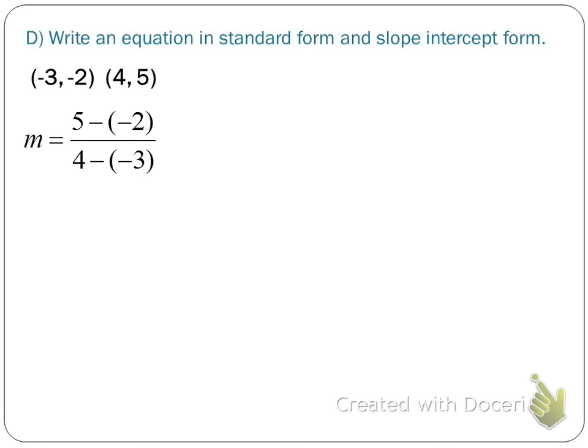Very good. So to find m, I'm going to subtract the y's on top, so y2 minus y1 over x2 minus x1. So what's 5 minus -2? 7. It's like 5 plus 2. What's 4 minus -3? Also 7. And 7 over 7 is 1.